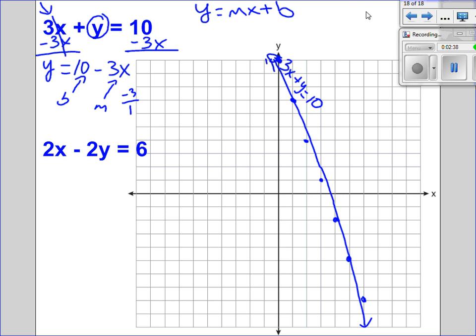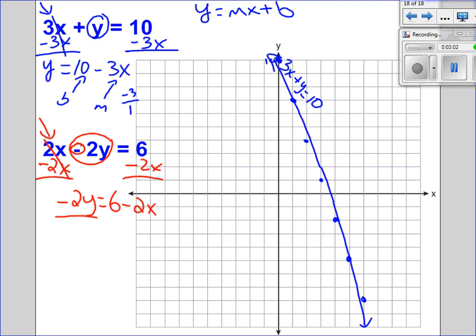Now let's look at the second equation. 2x minus 2y equals 6. Circle the term that has the y in it. Get rid of everything else. We have a positive 2x, so we're going to do minus 2x. Minus 2x. Gone. We're left with a negative 2y equals 6 minus 2x.